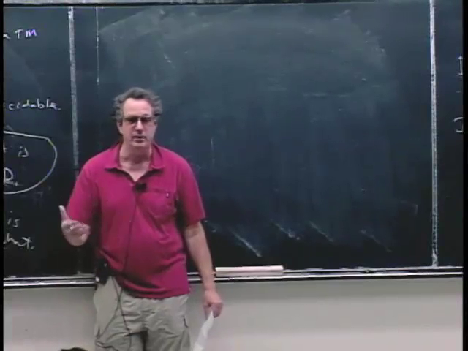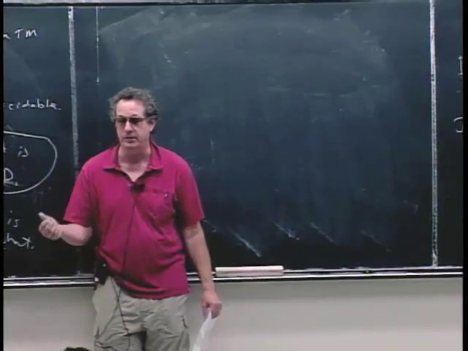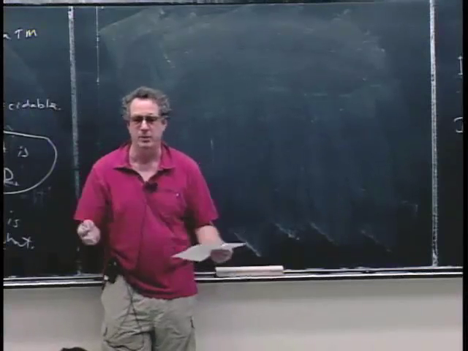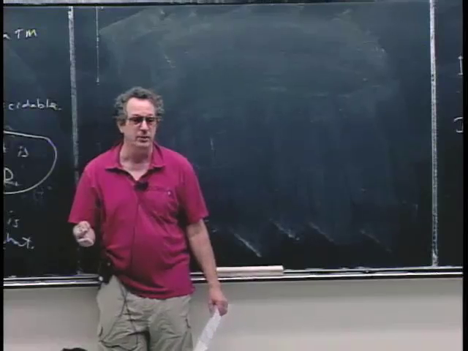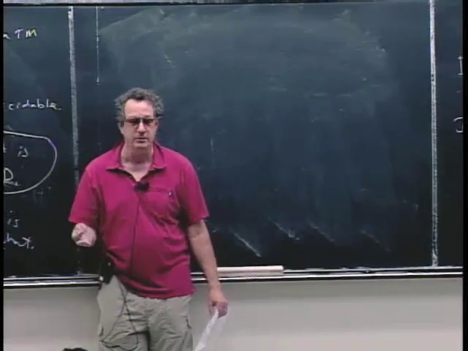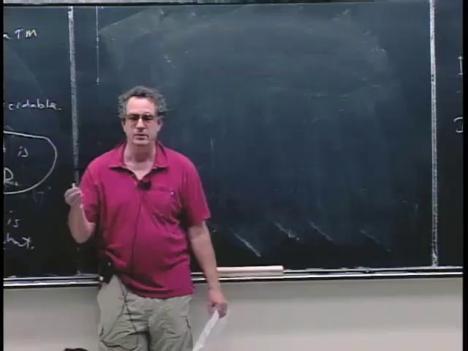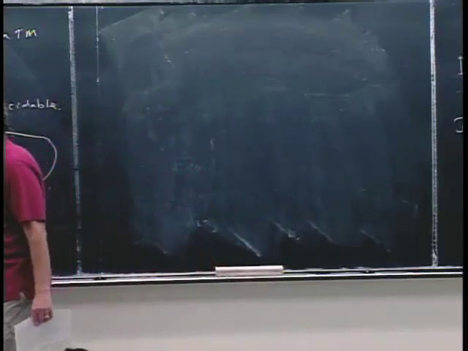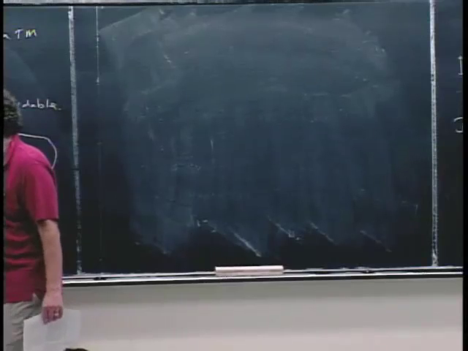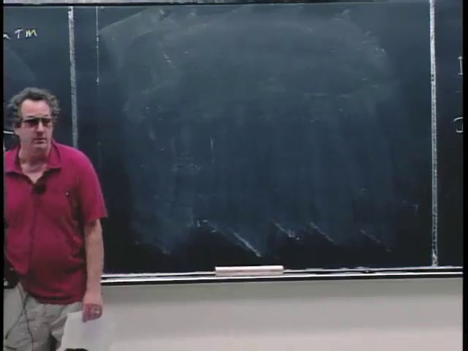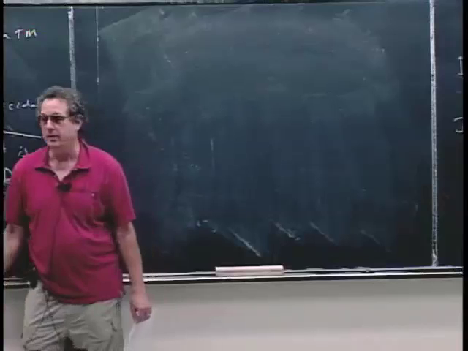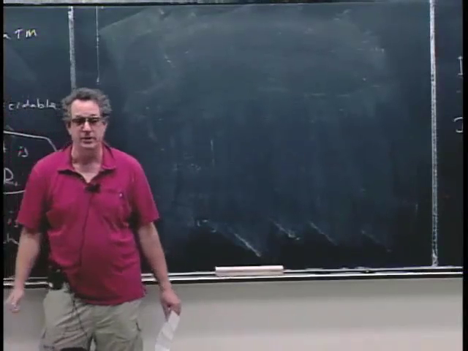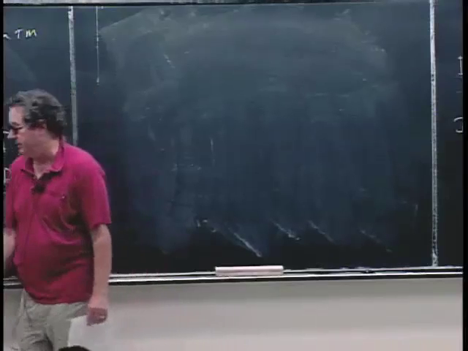You can go back and use those basic proof techniques, but it's easier once you build up a repertoire of languages that you already know are undecidable. Then you can use this idea to prove that additional languages are undecidable.